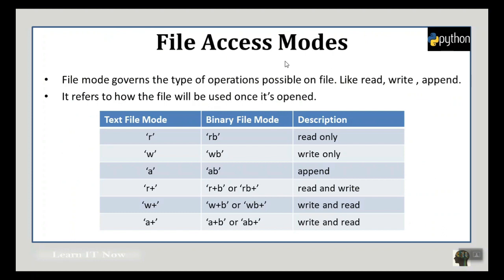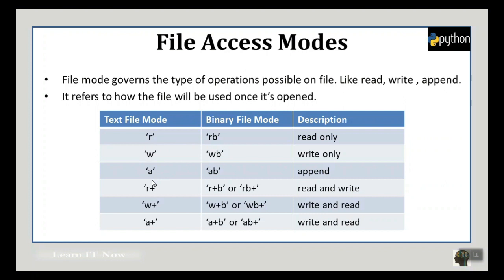Now there are different file access modes. File mode governs the type of operation possible on a file, so whether read is operational or write or append. So we'll just see the file modes. R mode is for read, and if we want to read a binary file, we need to write RB. W is for text file write and WB for binary file write.